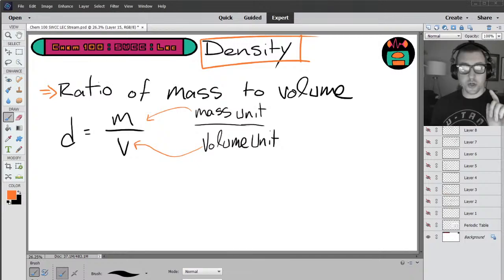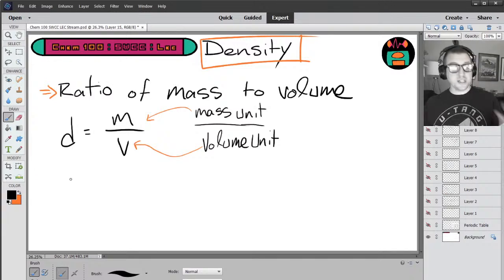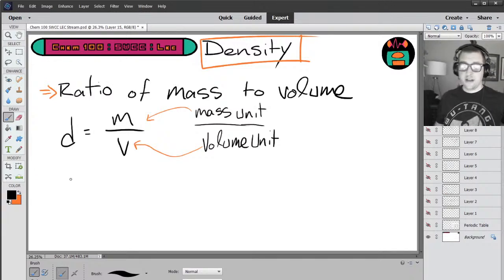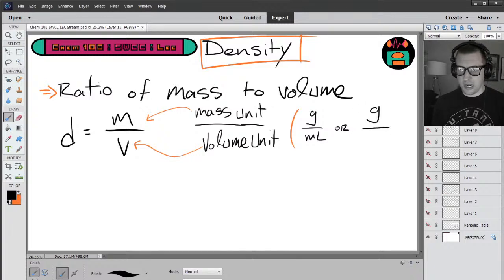So density will have units of some mass unit over some volume unit. The units that you run into for density vary wildly because they could be any mass unit over any volume unit. Typically, you'll see grams per milliliter, which is fairly common. It's not uncommon to run into grams per liter, but it could be kilograms per liter.